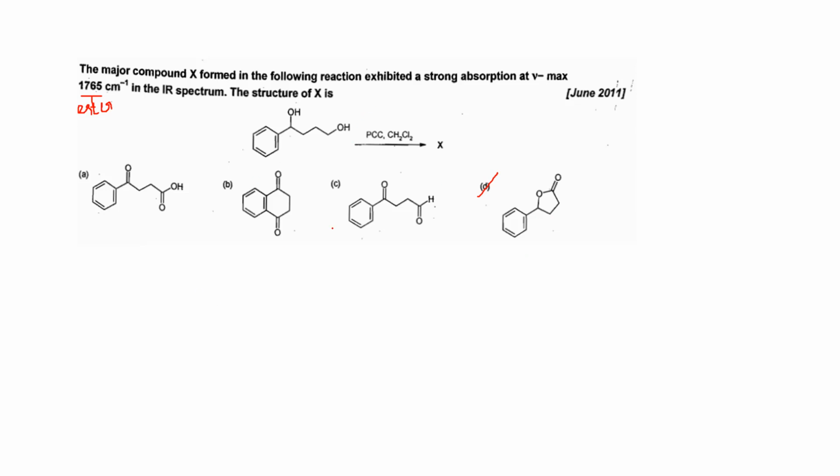So if you want to see the mechanism, as there is a primary alcohol and you are adding PCC, what will happen? It will be oxidized to aldehyde.